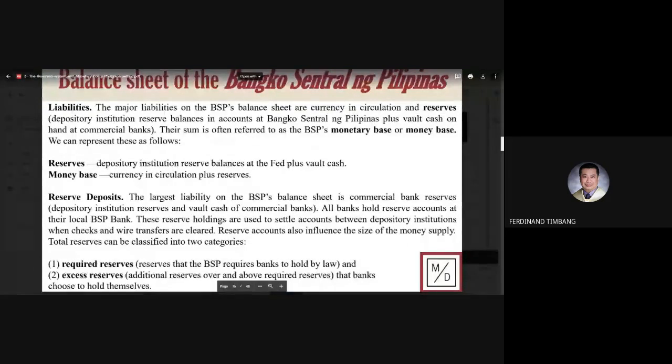So yung cash reserve, excess reserves na to, maaring nasa libro ni BSP, maaring wala. But what I'm sure is that they are run by documents. No? They are run by documents. Pero yung mga documents na to, hindi gagawa dyan yung branch. Ang gagawa niyan yung Treasury Department nila.